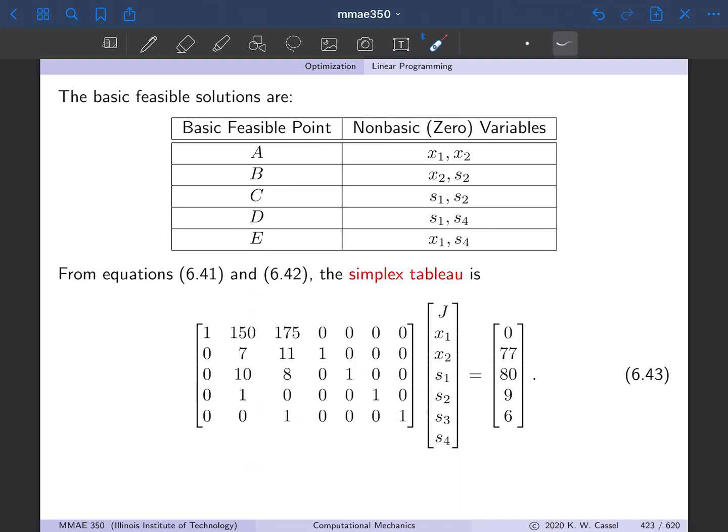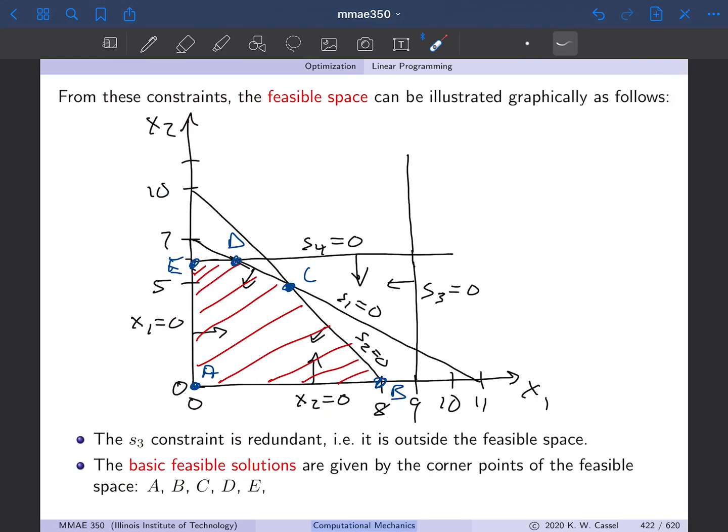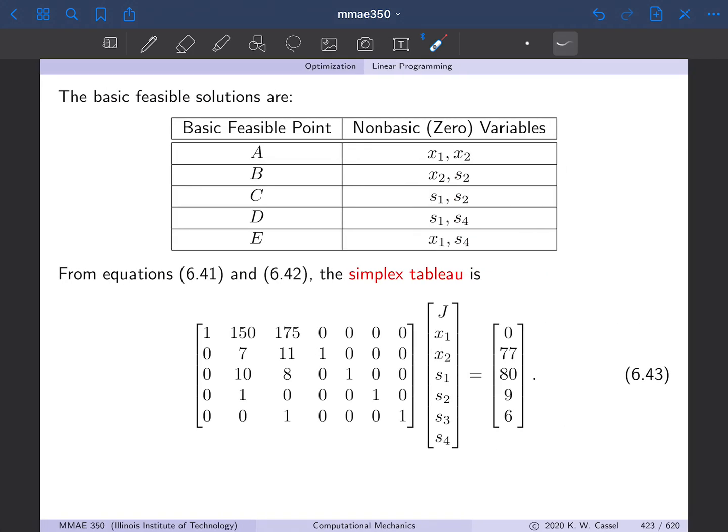All right, so let's just make a table to kind of keep our head on straight. So we have the 5 points A, B, C, D, and E, and each one of those corresponds to 2 of the variables being 0. So you can see which 2 they are. So at point A, it's where x2 is 0 and where x1 is 0. That's the intersection of those 2 lines. Point B is where x2 is 0 and s2 is 0.